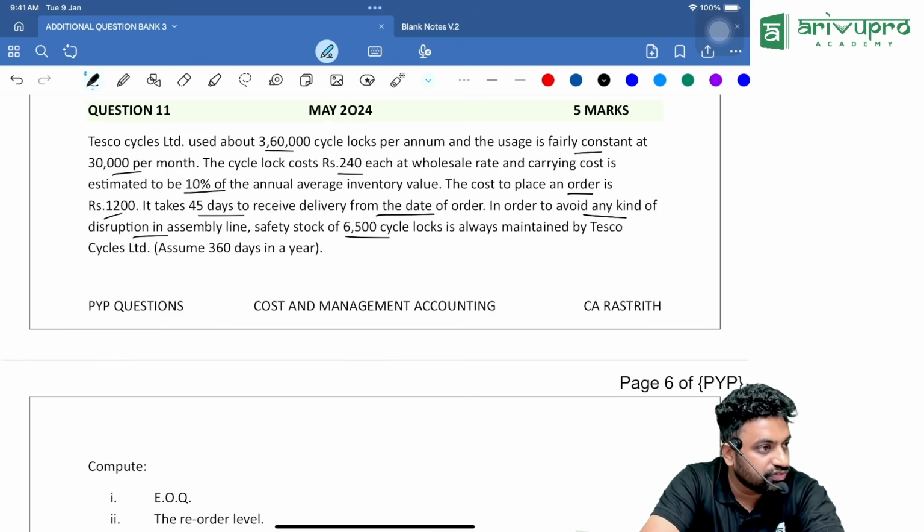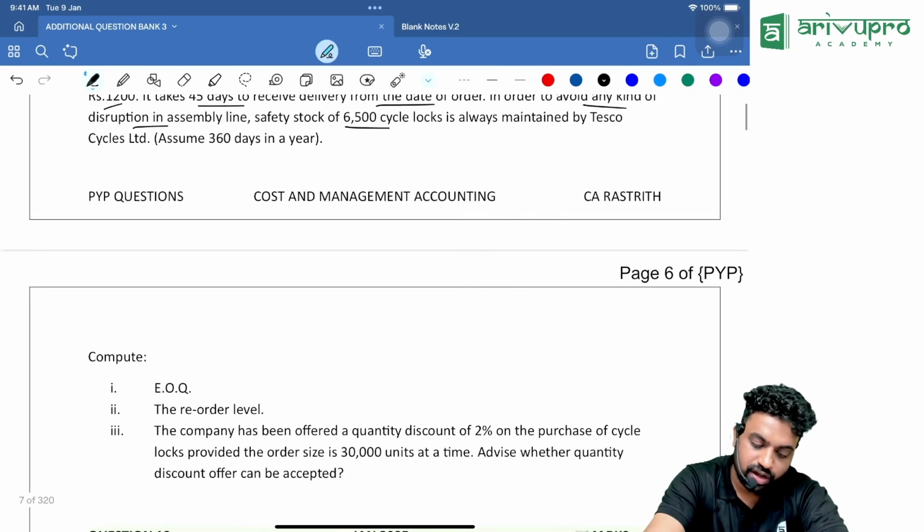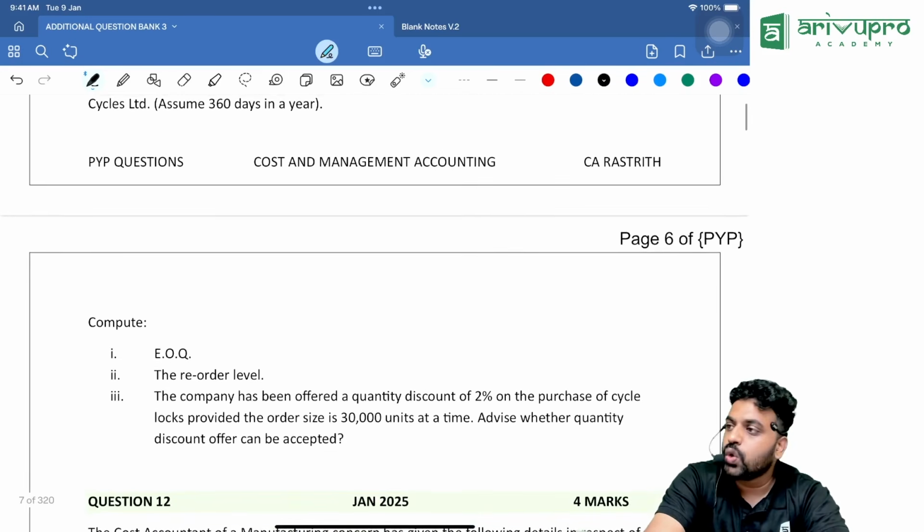I have told you, if you remember. Now my question is, in this case, does safety stock mean stock out or minimum stock level? Minimum stock level. It is not relating to stock out. Clear? Okay.